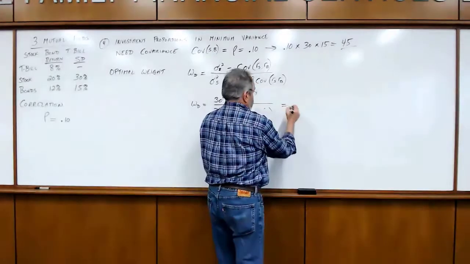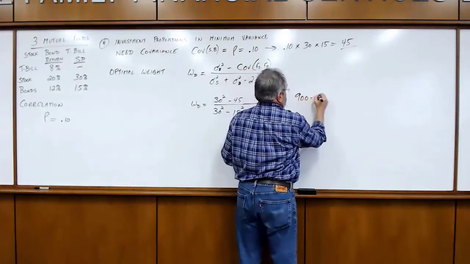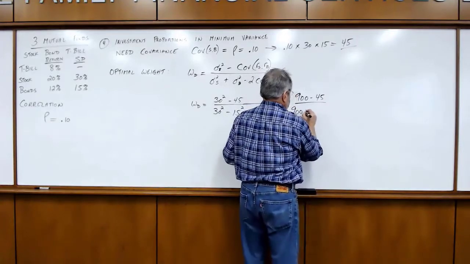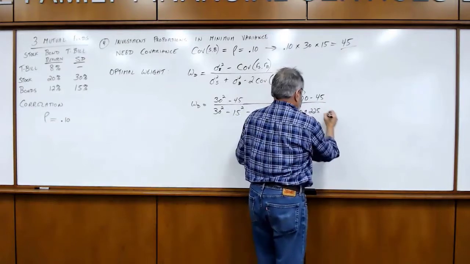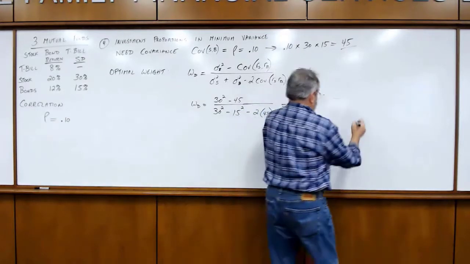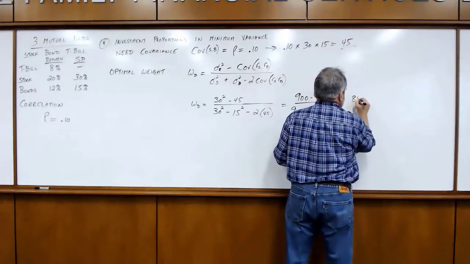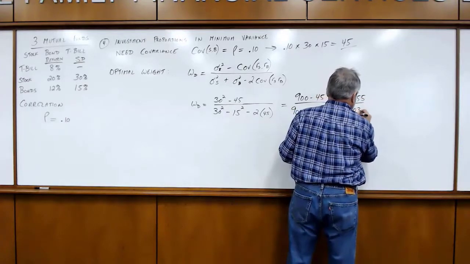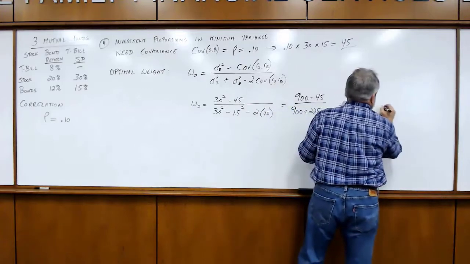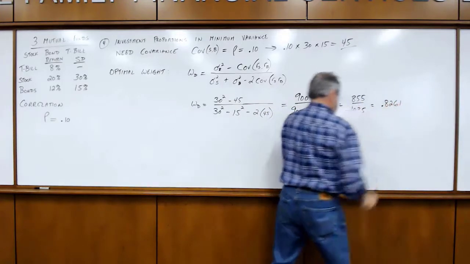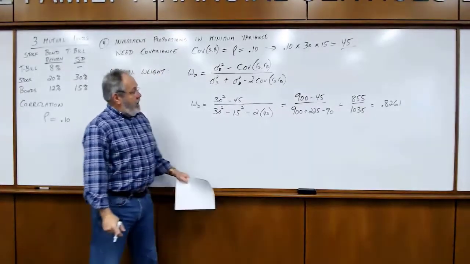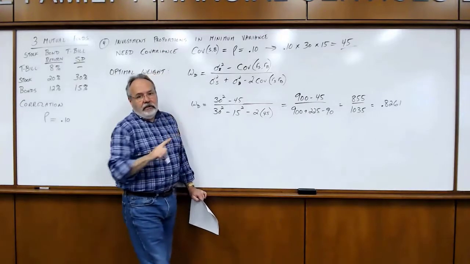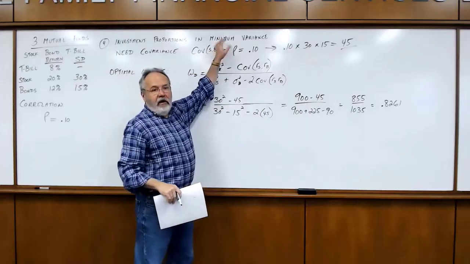This is equal to... okay, so we found the optimal amount of money to put into the debt fund to create the minimum variance portfolio.